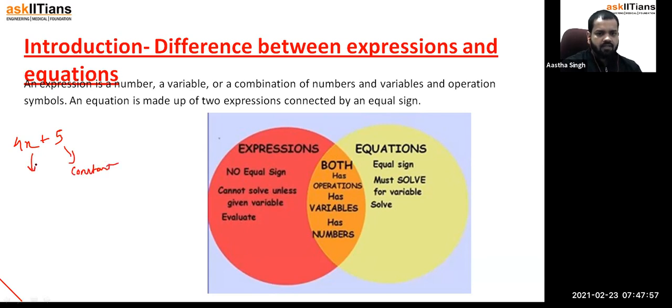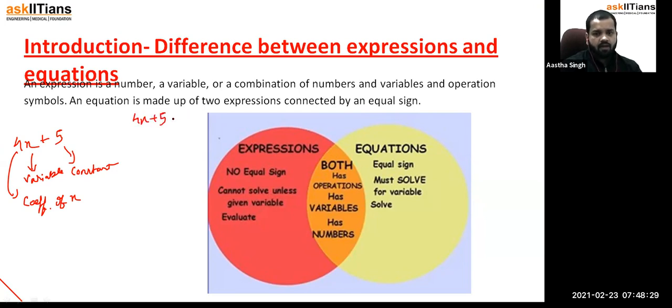Here your x is your variable, and your 4 is your coefficient of x, a numerical number with the variable. It's just your coefficient, right? So 4x plus 5 here is your algebraic expression.